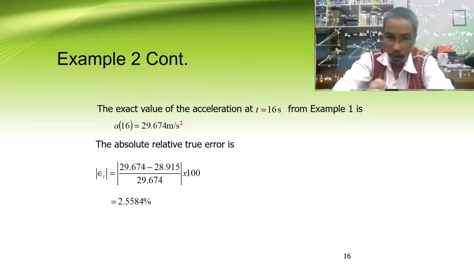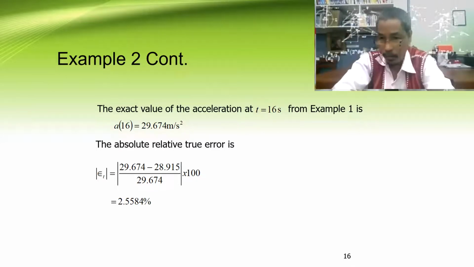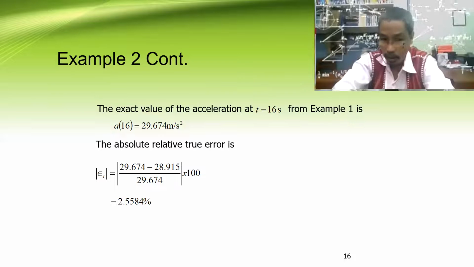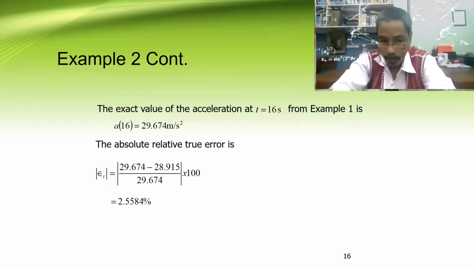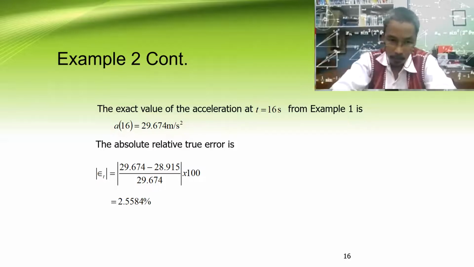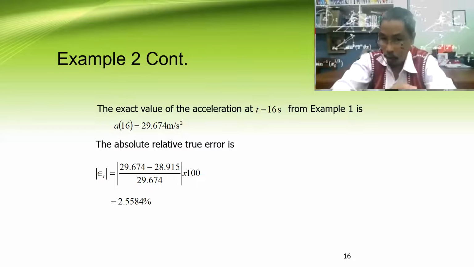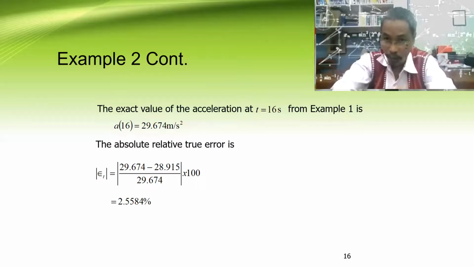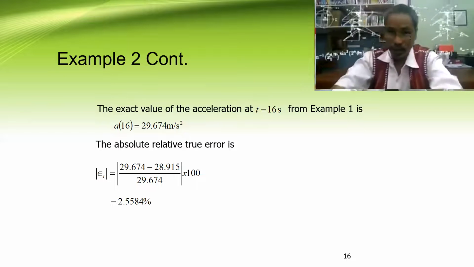So in this example, we can use the backward difference approximation method because it has given us the lesser amount of relative true error, which is 2.6 versus 2.7. So it's a very small matter; they are almost the same.